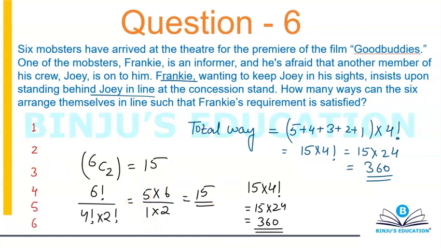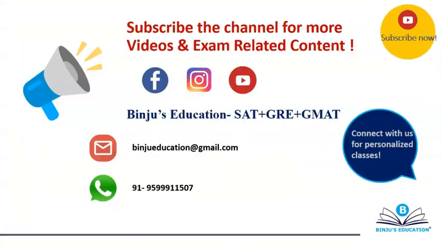Right, so these were basically the 5 questions which we were supposed to solve in this video. So I believe you have understood the approach of solving questions like these, right? What matters actually in questions of PnC, permutation and combination, is how you approach a particular question. It is not about whether you know PnC or not.